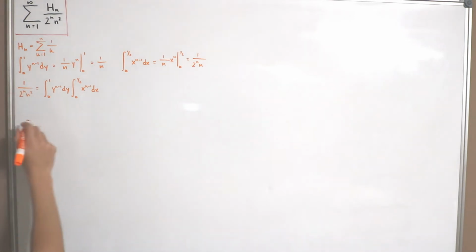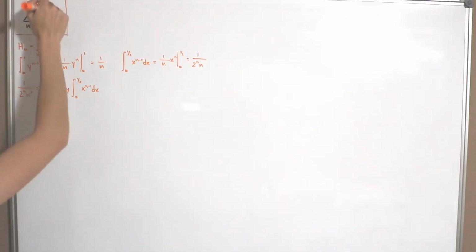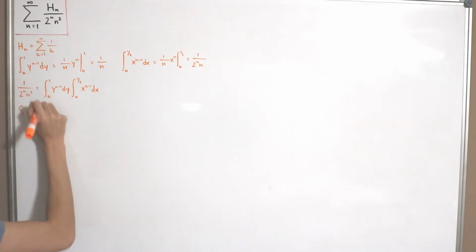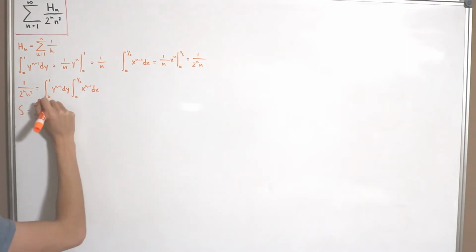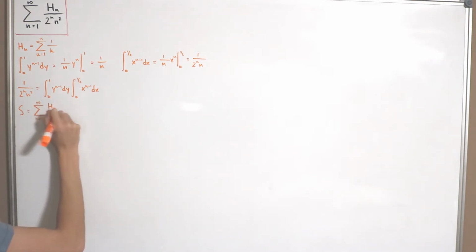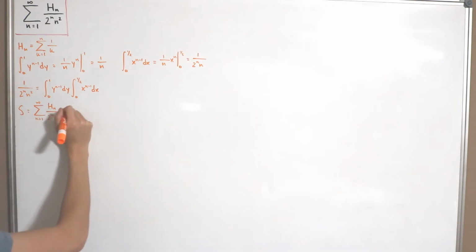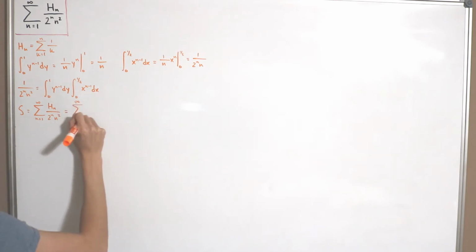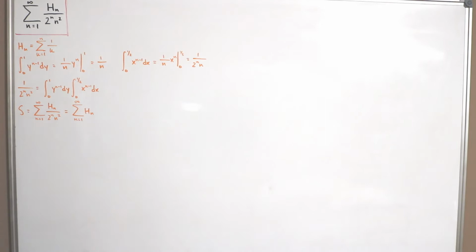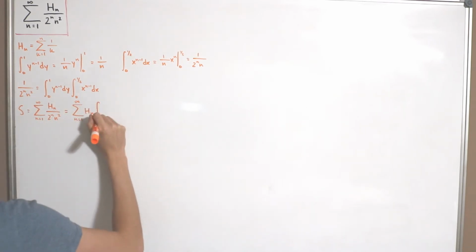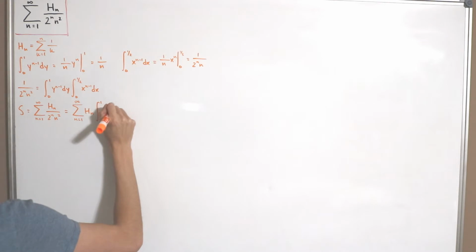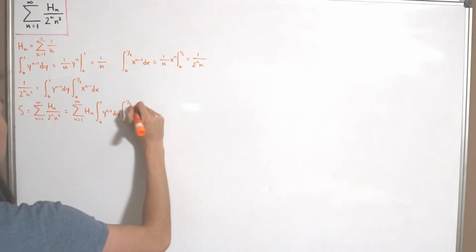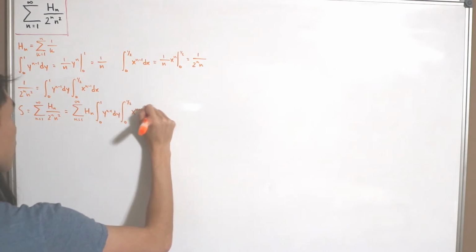So I'll call our given S equal to this infinite harmonic series, n equals 1, of H sub n divided by 2 to the power n times n squared. When we rewrite all this, I get the infinite sum, n equals 1, with the H sub n out here, combined with the product of two integrals: y to the n minus 1 dy, and the integral from 0 to 1/2 of x to the n minus 1 dx.